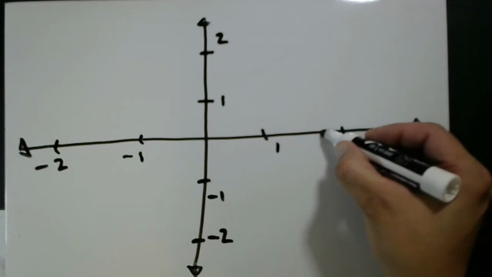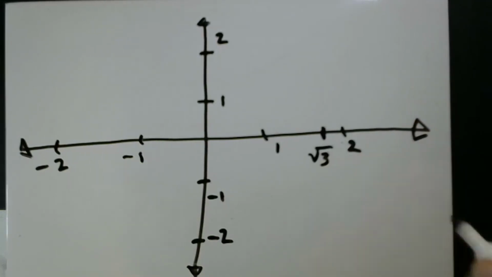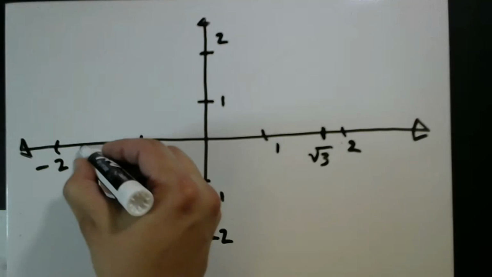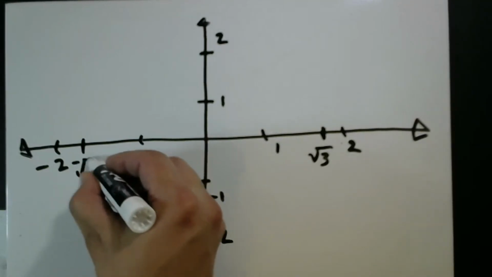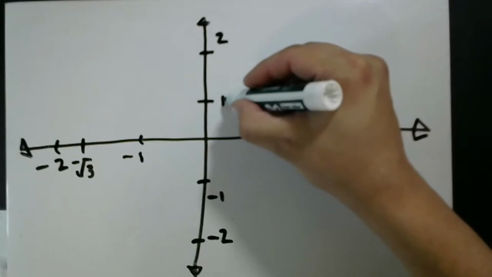Let's make sure. Now, square root of 3 is about 1.7. So it's about there. Negative square root of 3, negative 1.7, about right there. Let's put in that horizontal asymptote.